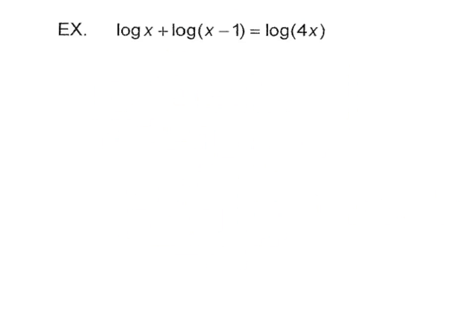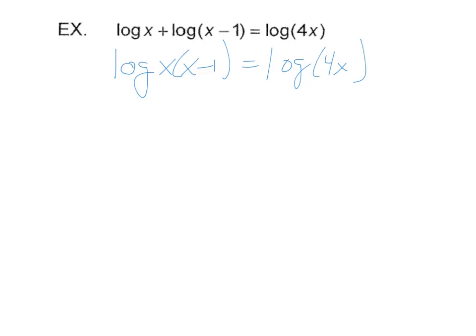Log of x plus log of x minus 1 equals log of 4x. So from our logarithm rules, we can combine the logs on the left side. When you have addition, you can squish that back together into multiplication, and you have log of x times x minus 1 equals log of 4x.